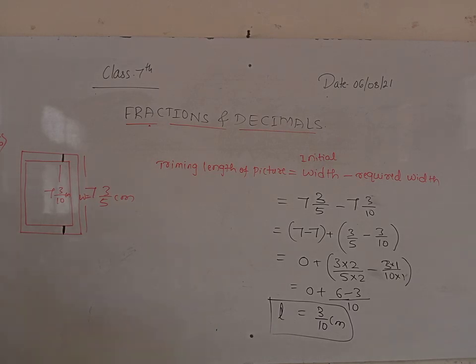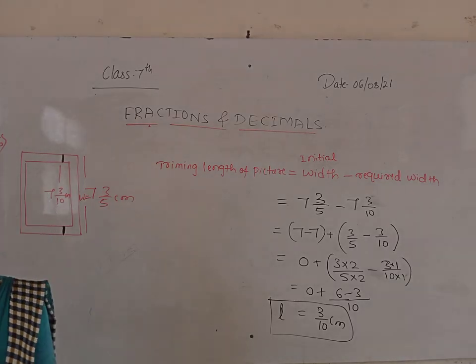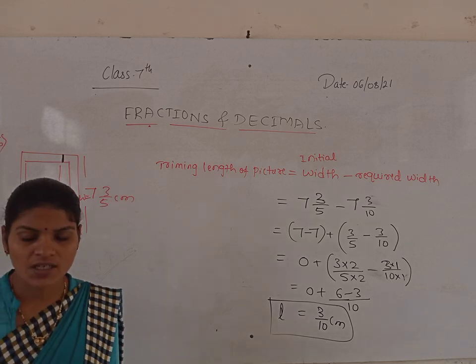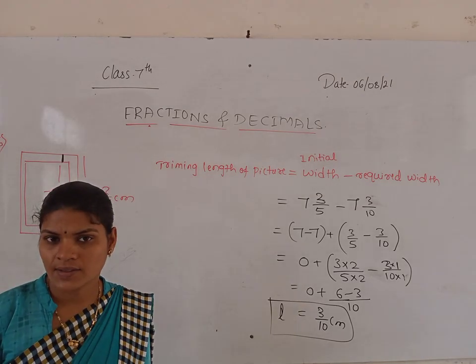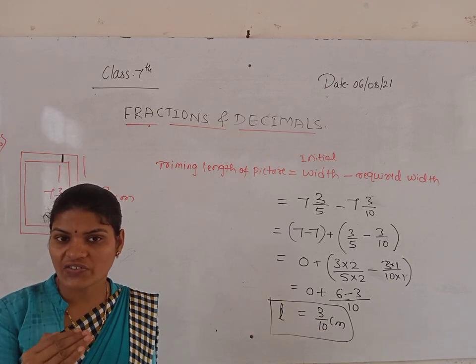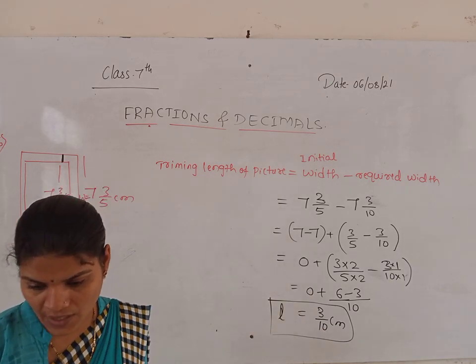What is the 7th question? Ritu ate 3/5 part of an apple. Yes, there is an apple. In that apple, Ritu's mother cut the apple into how many equal parts? 5 equal parts. Out of 5 equal parts, Ritu ate only 3 parts. Means Ritu ate 3/5 part of the apple.